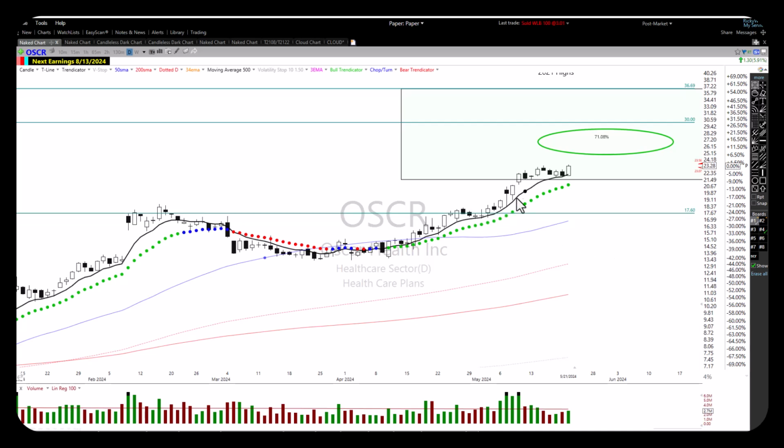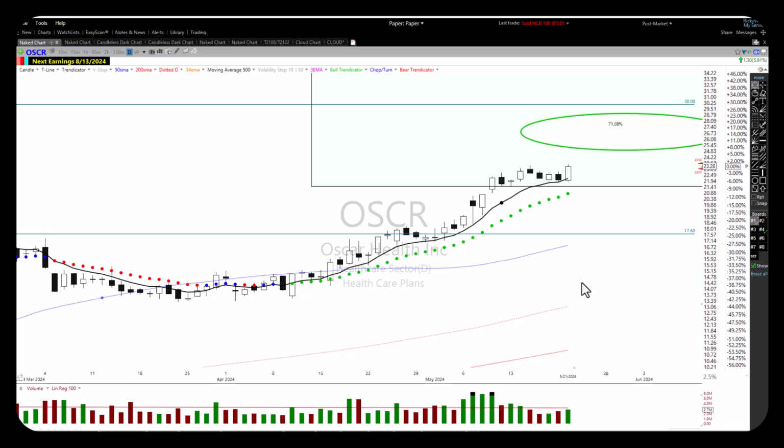So Oscar is one that I bought today. And look how that thing went up and just went sideways. Now, here's something. Price got a little extended. To me, extended has nothing to do with oversold or overbought. I don't have stochastics or anything over here. Extended to me is how far it's away from a moving average.